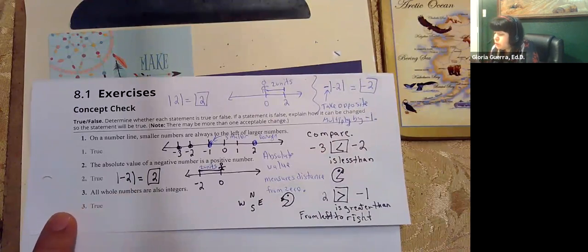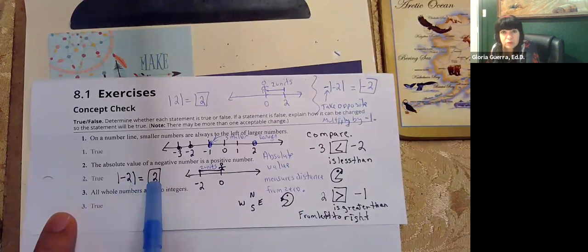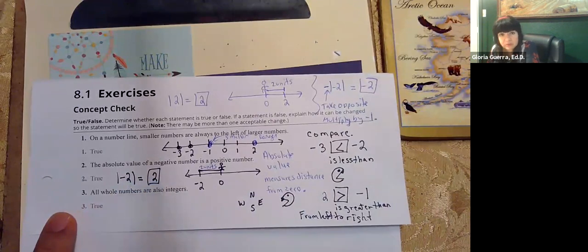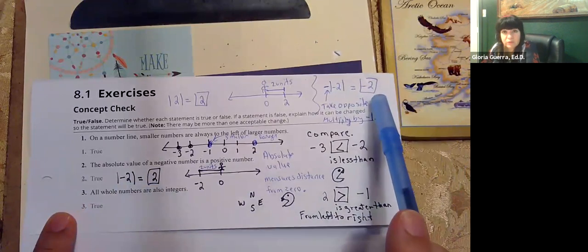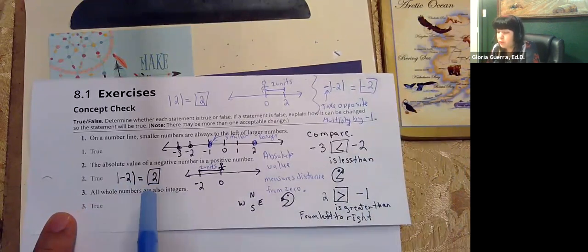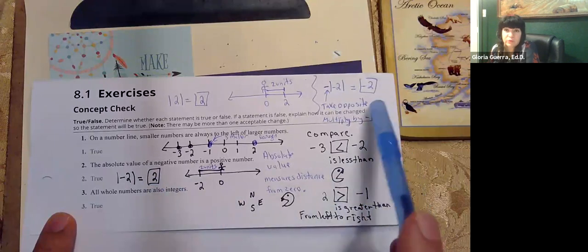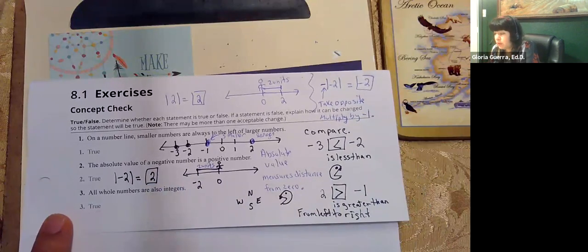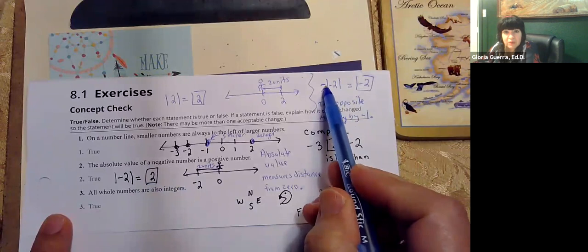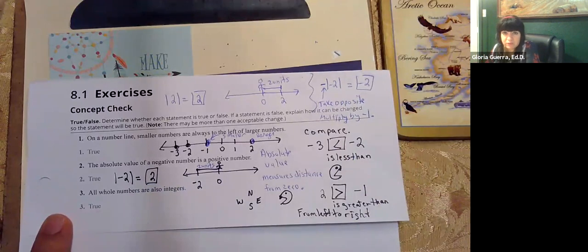So you know from here that the absolute value of -2 was 2. If you multiply 2 times -1, that would give you -2. Also, what if you take the opposite of 2? The opposite of 2 is -2. So I would say the only way that something with an absolute value could end up being negative in your answer is if it's got the little negative on the outside of the absolute value bars.